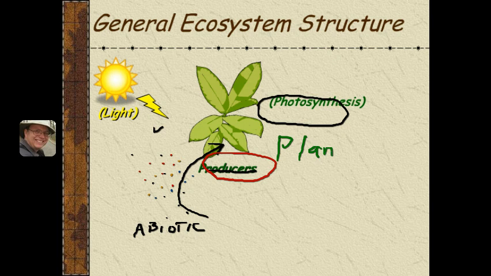It's because plants can take the things that we can't use over here in the abiotic part of the environment, and they can, through the process of photosynthesis, turn it into things we can use. And when the plants get done with it, they have now moved that material into the biotic part of the environment. Okay, so plants, they're factories.